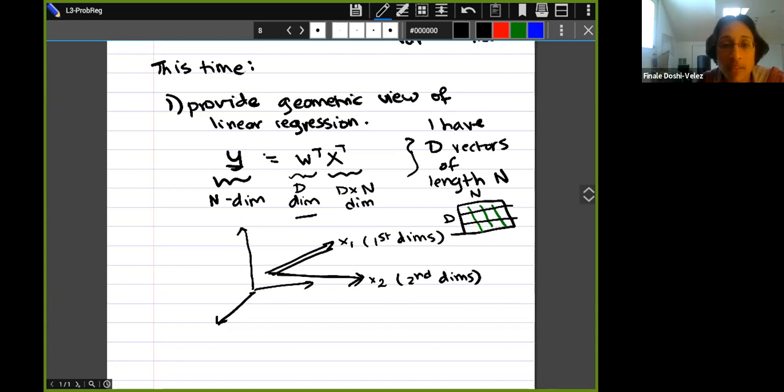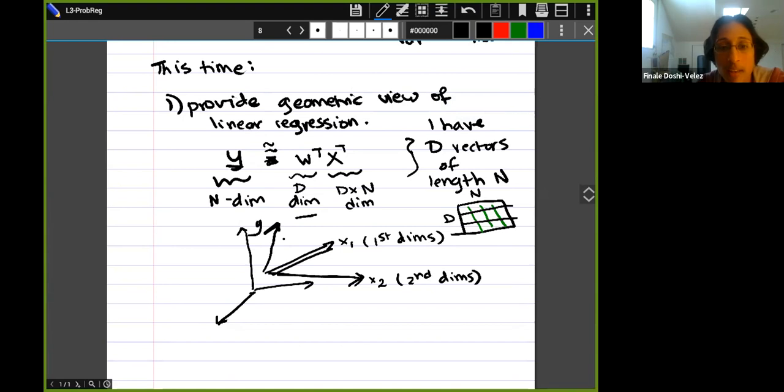What I want is to find an approximation to the n-dimensional y vector I have. Thanks for the clarification with these guys. So let's say my y vector looks kind of like this.